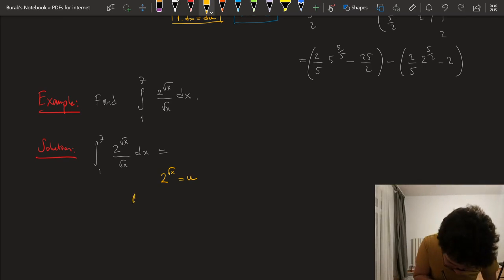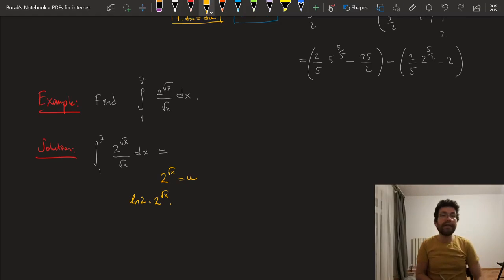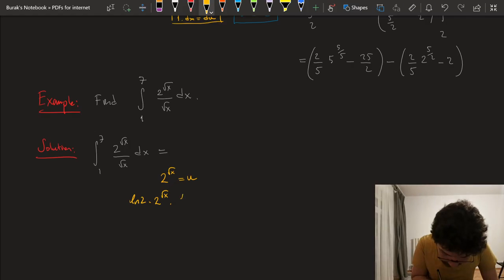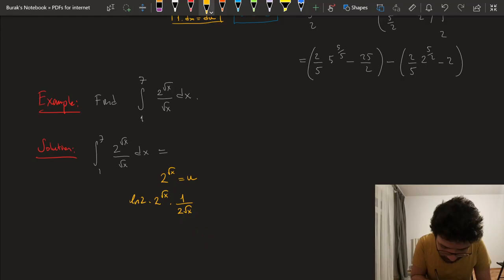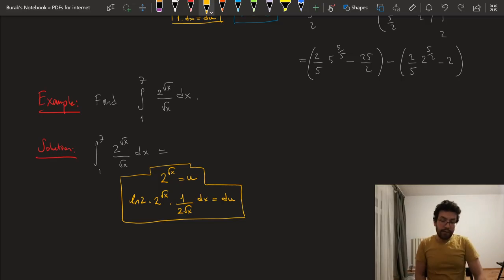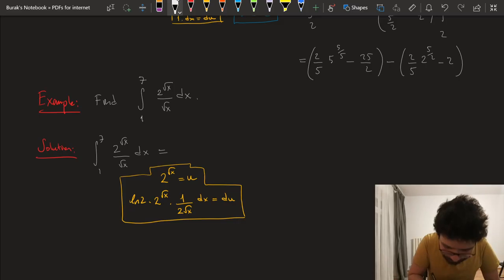So I have ln2 times 2 to the power root x, and by the chain rule I need to multiply this by the derivative of the inside, which is root x, so its derivative is 1 over 2 root x. I get this equality.